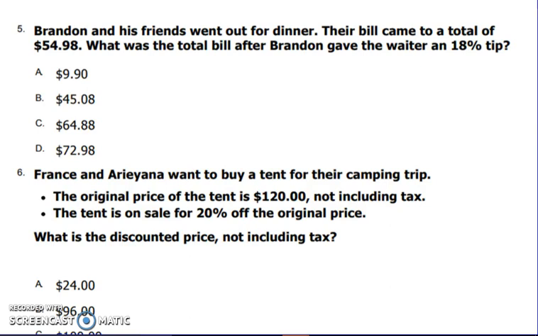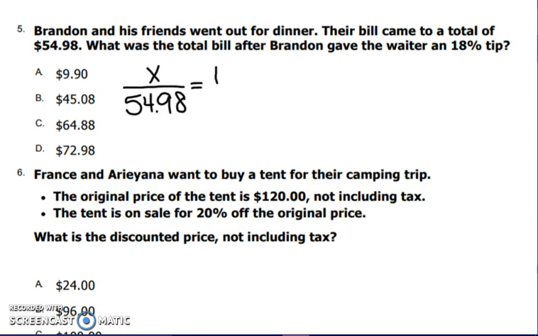All right, it looks like Brandon and his friends went out for dinner. That was very nice of Brandon. Their bill came to a total of $54.98. What was the total bill after Brandon gave the waiter an 18% tip? All right, so again, you guys know, let's go create a proportion. We have X over the total, which was $54.98.